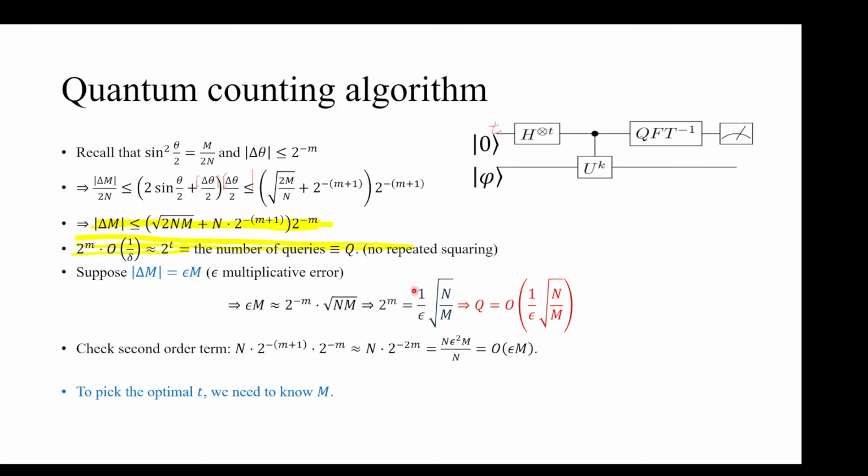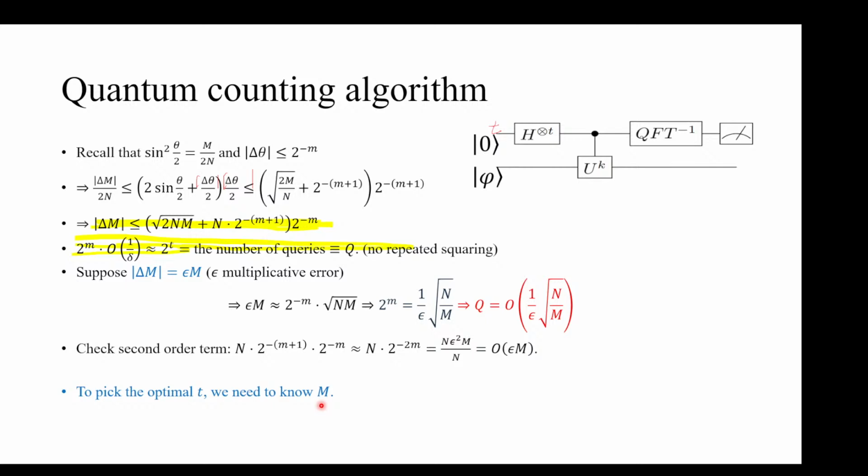But here you see that the small t and the small n actually depend on big N, and this gives us an issue. Because if you know big N, then you don't need to do counting anymore. Big N is something we are trying to get, so this is a problem with using this, because you cannot pick a good enough t to do this.